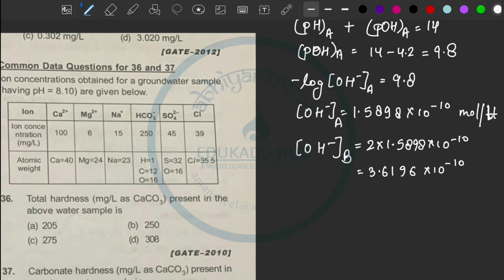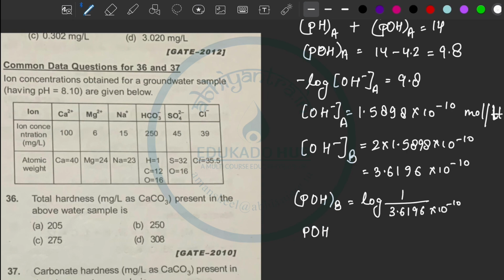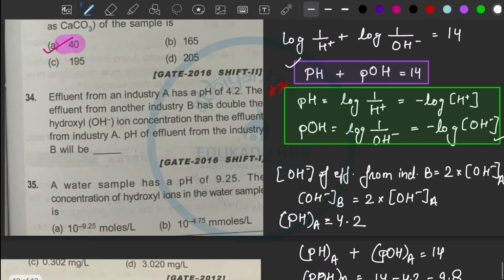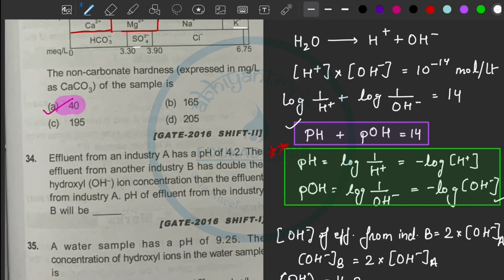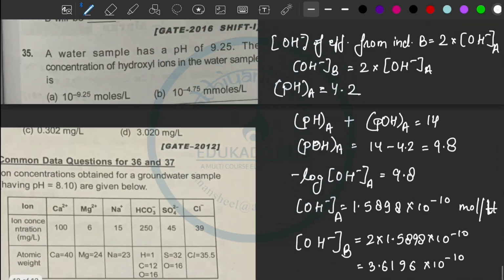And when we have OH ion concentration, we can simply find the pOH, that is log of 1 upon 3.6196 into 10 to the power minus 10. So pOH of B comes out to be 9.5. And they are asking about the pH of effluent from industry B. Simple.